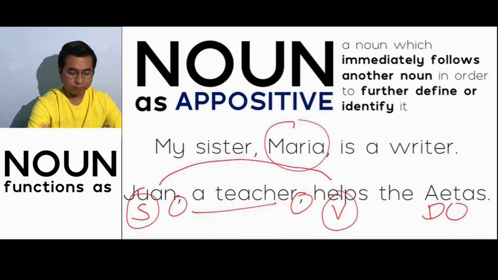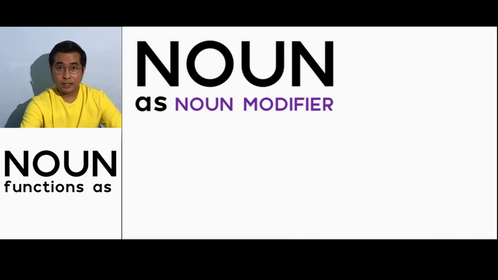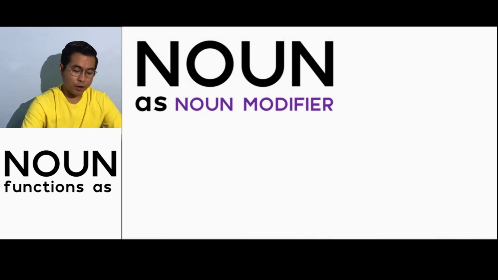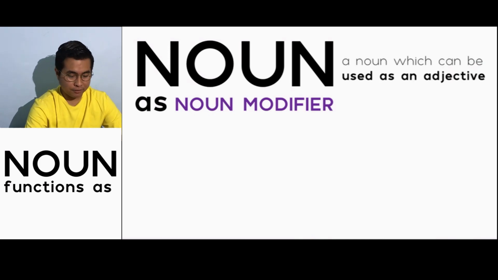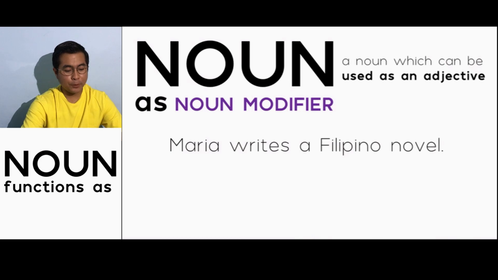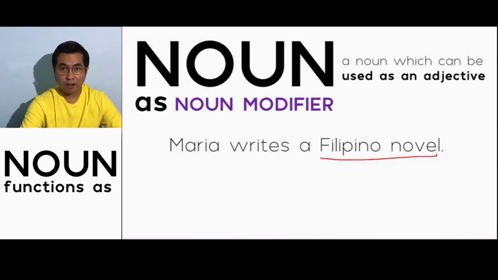Now let's continue. The next and last function of a noun is noun modifier: a noun which can be used as an adjective. Here, the example: "Maria writes a Filipino novel." Let's focus on this phrase, "Filipino novel."